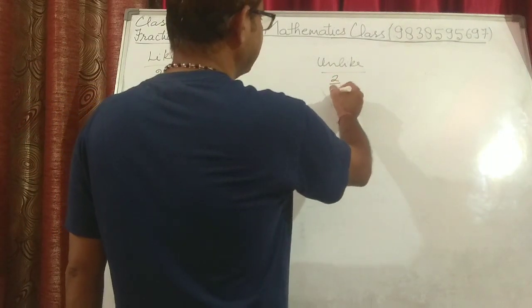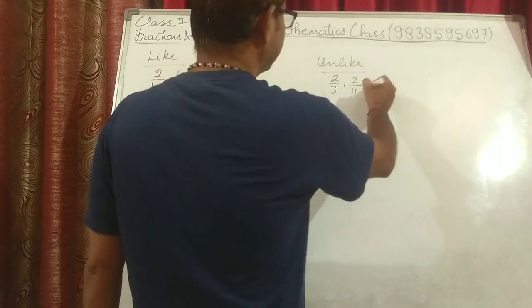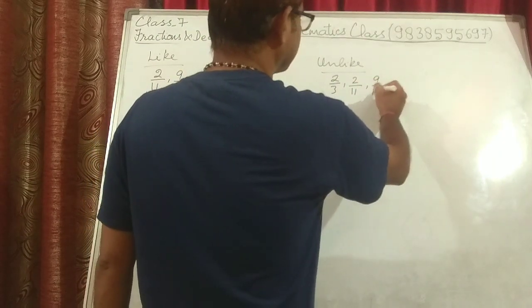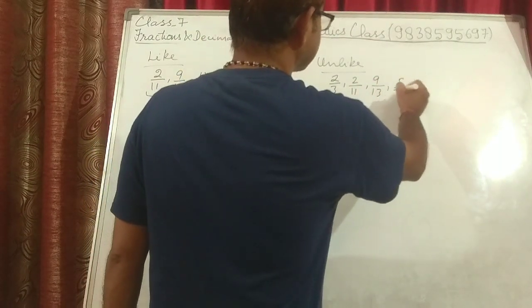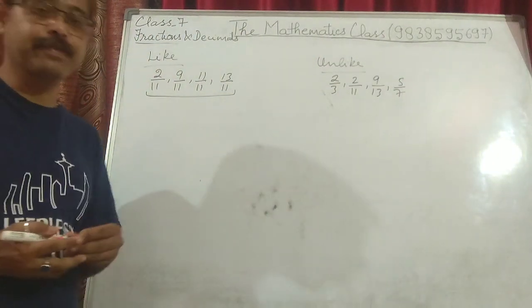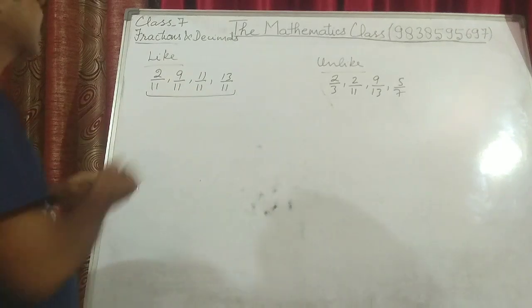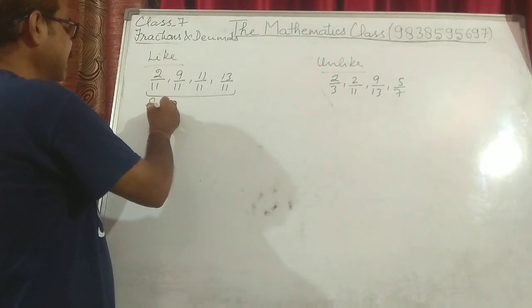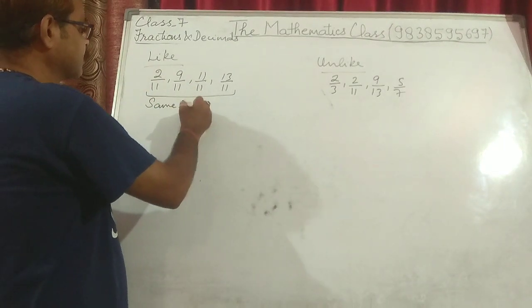What are unlike fractions? Which are having different denominators. Suppose 2 upon 3, then 2 upon 11, then 9 upon 13, 5 upon 7. These are unlike fractions.